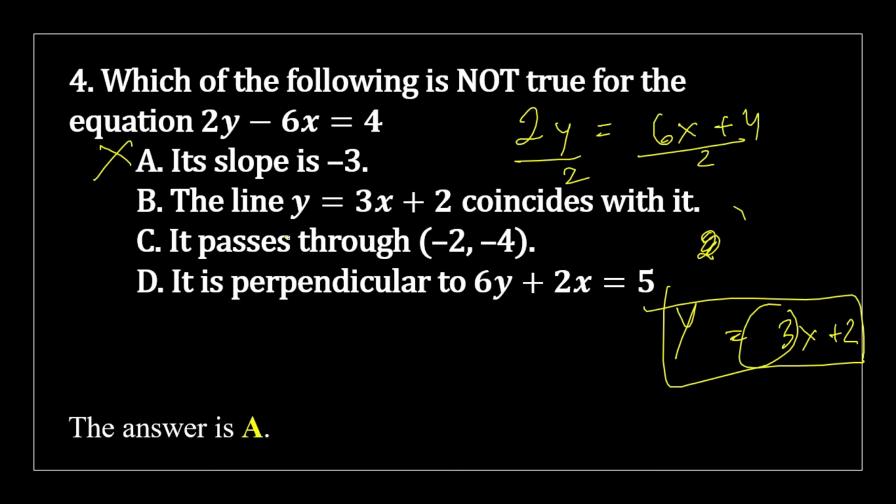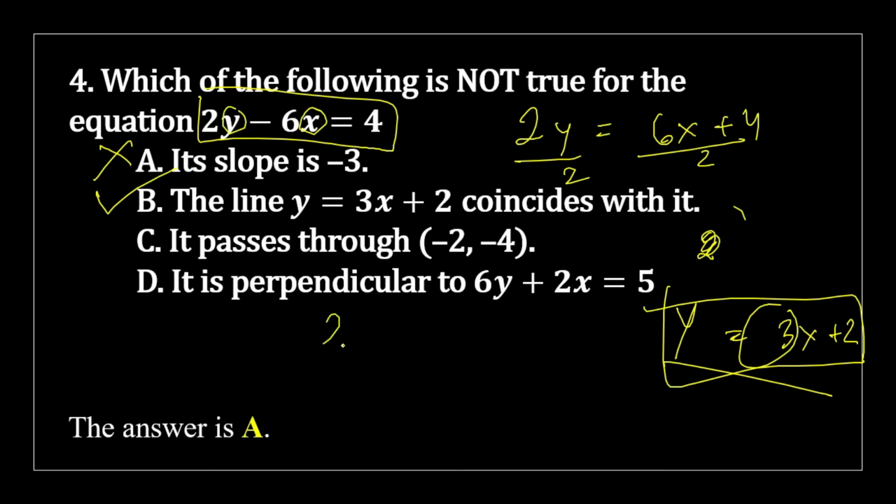The line y equals 3x plus 2 coincides with it, meaning they are the same, so this is true. And it passes through the point (-2, -4). Let's substitute -2 for x and -4 for y.